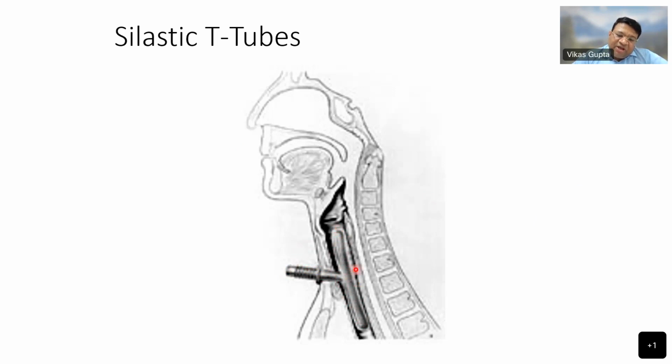So once we recanalize the stenotic segment, we put in this stent or the Montgomery tube, and this end has the option to remain open or can be capped. So this is kept closed so that the patient breathes normally through the nose as normal patients do.